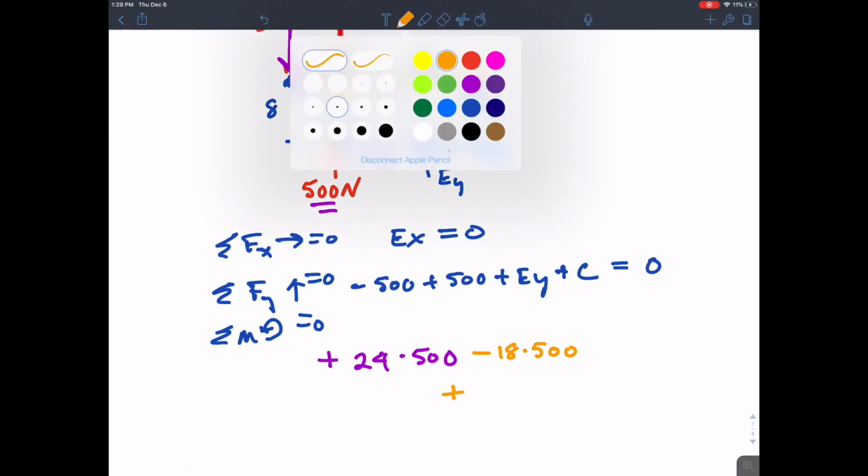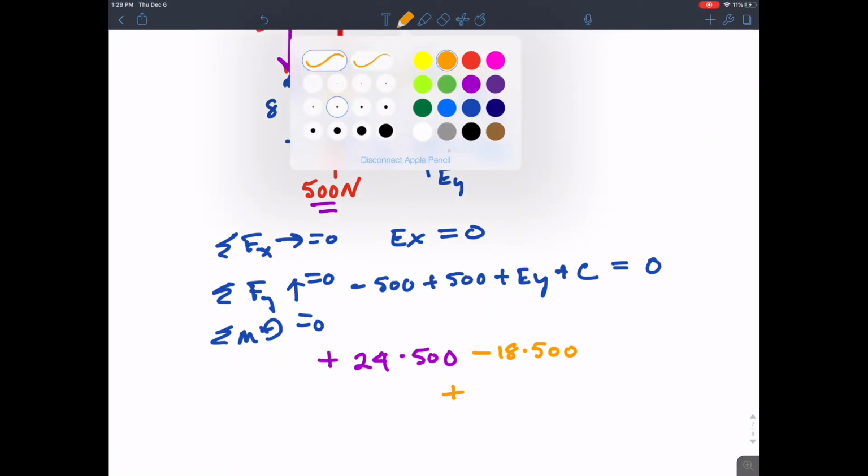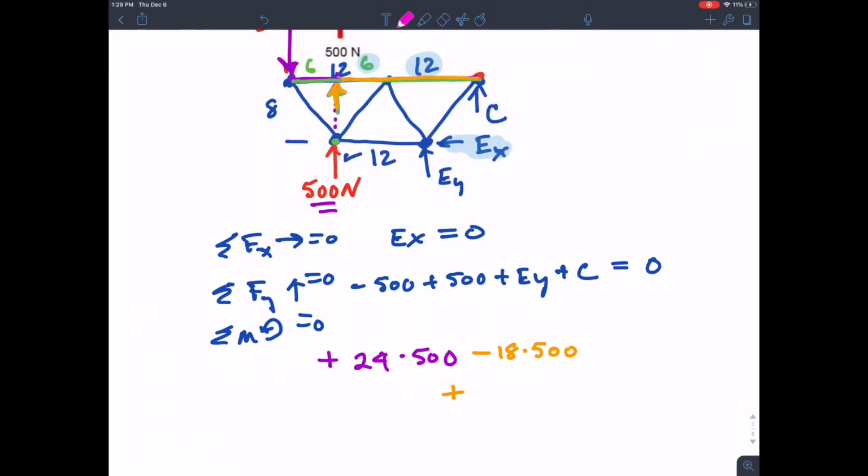All right, so again, moving this Ey along a line of action, let's use a different color, let's use pink. So Ey, extend this up till we hit the point perpendicular to C. Okay, so this pink line, this distance is 6.